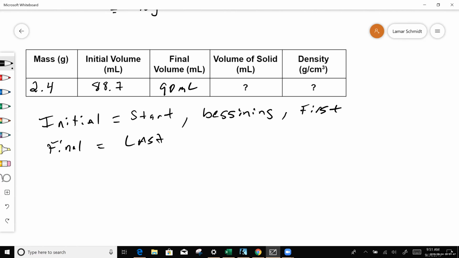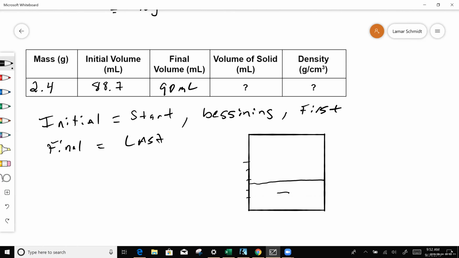And I'm probably not expressing this lab very well, but this is where we did the mass of the metal. Y'all remember this? This is my graduated cylinder because I don't draw very well. And so we have different values, right? And so here we have an initial volume, right? And then we put in the metal, right? And when we put in the metal, here's the metal piece.